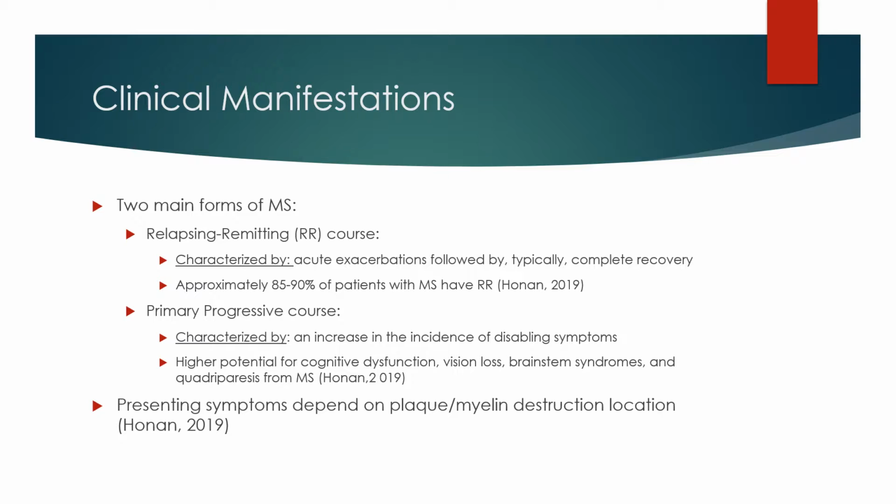This may result in functional decline over time. Primary progressive MS is characterized by continually increasing occurrence of disabling symptoms without periods of recovery. It may result in quadriparesis, cognitive dysfunction, visual loss, and brainstem syndromes. Presenting syndromes depend on the location of the plaques or combination lesions on the nerves.